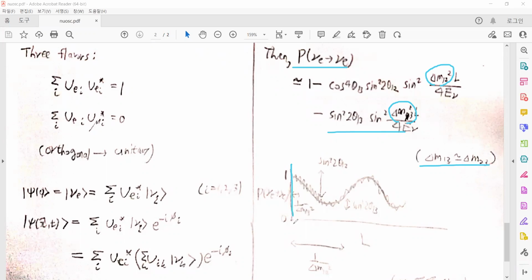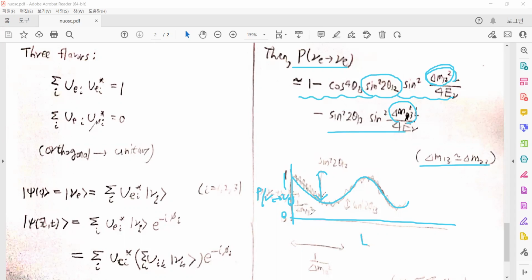If we plot the survival probability as a function of the distance L, then the overall tendency is a sum of two oscillations from these terms. The amplitude comes from sin squared 2 theta 1 2, and the frequency from the mass squared difference delta m squared 21.